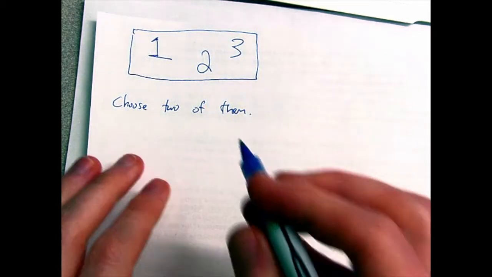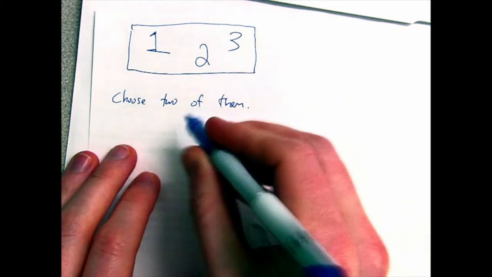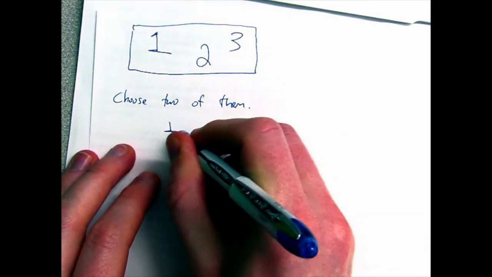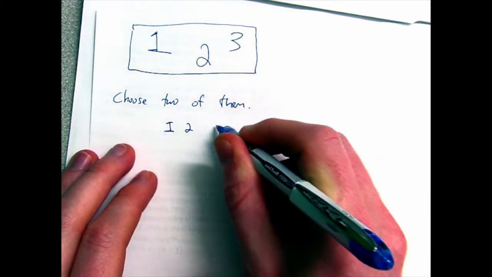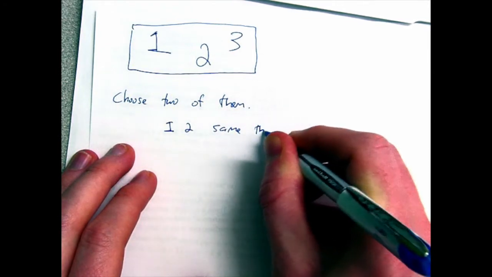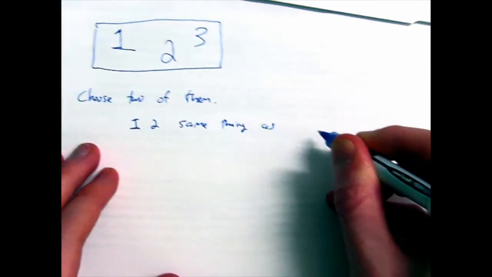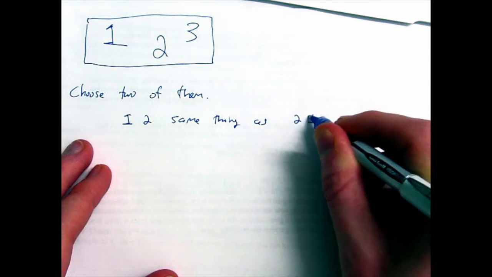I just want to have an unordered collection of 2 objects. What I mean by that is if you decide to choose objects 1 and 2, that's the same thing as choosing objects 2 and 1.